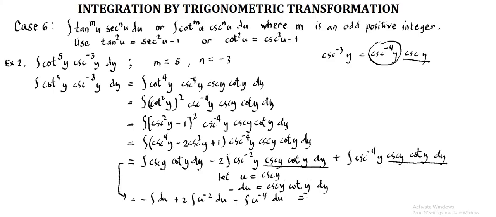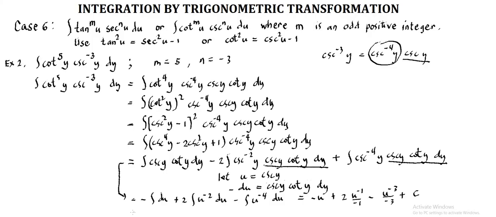Pagkatapos nun, mag-i-integrate na tayo. So, integral of du equals u. And then, plus 2. Integral of u to the negative 2 is u to the negative 1 divided by negative 1. And then minus, integral of u to the negative 4 ay u to the negative 3 divided by negative 3, and then plus 1.